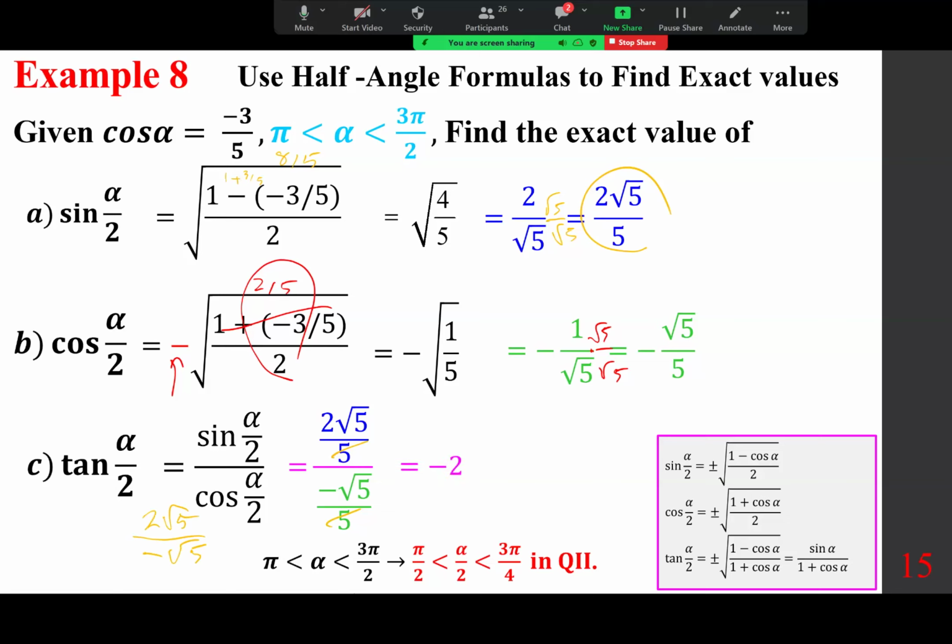The answer is minus 2. Now, if you want to use this formula, you can, and you will end up with the same answer. However, this is a lot faster because we have worked hard to get there in the first place. So very straightforward, everybody.